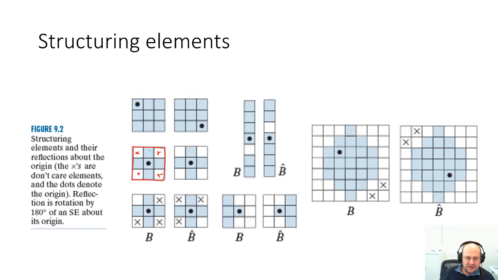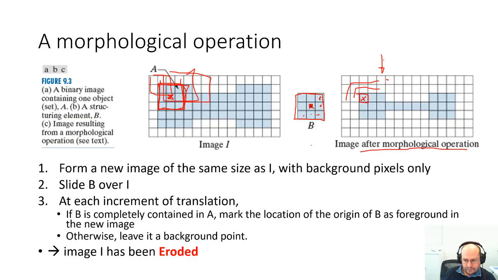It means that the pixels that are foreground pixels in the structuring element will match foreground pixels in the original image, and the pixels marked as background will have to match background pixels in the original image. When I have a don't-care pixel, it could be either background or foreground. I really don't care what kind of pixel it is in the image.